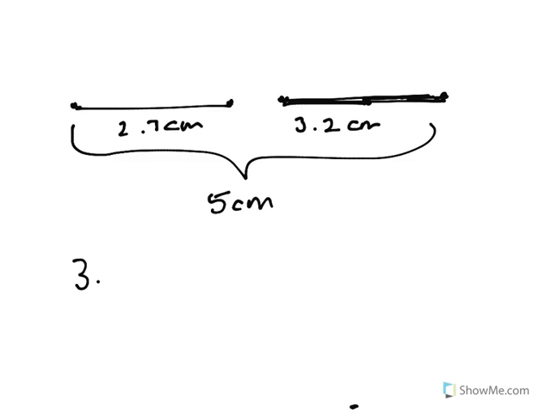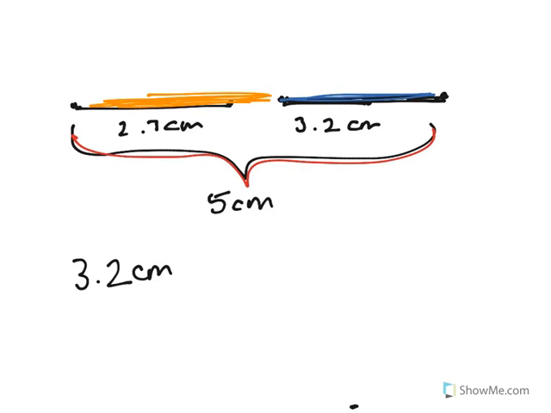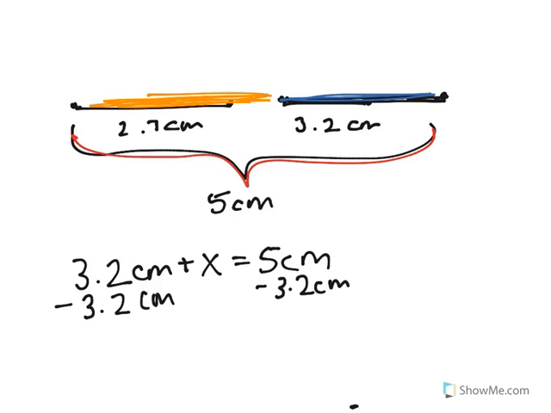So let's say you know that this line over here equals 3.2 centimeters, and you know that the total line equals 5 centimeters, but you don't know what the other portion of the line equals, well, then you can just use algebra to find it out. So you can do 3.2 plus x equals 5 centimeters, subtract 3.2 from each side, and you get x equals 2.3 centimeters, okay? So that's how we can use algebra to find missing distances.